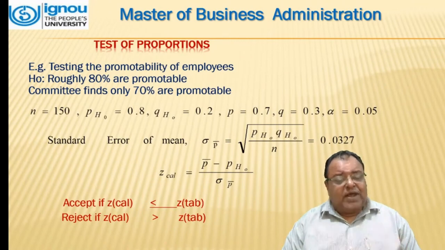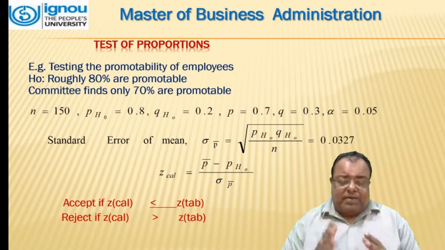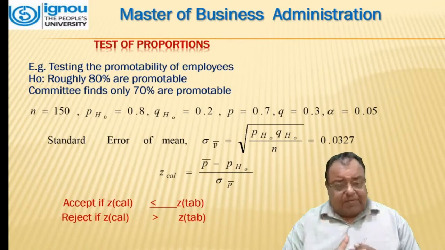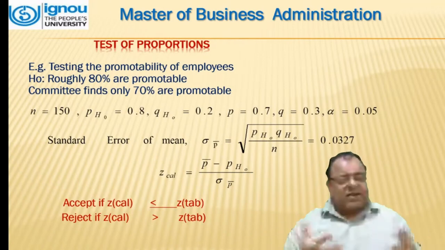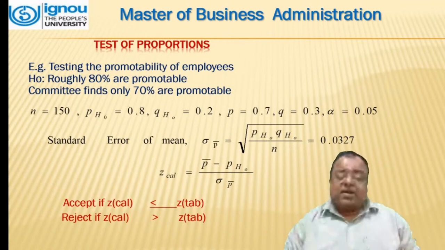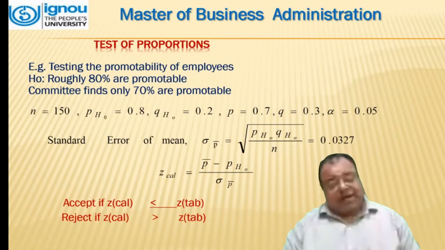Then we calculate the value of Z, that is, Z calculated is equal to P bar minus P H naught upon sigma P. After calculating, the conclusion has to be found. If Z calculated is less than Z tabular, we accept the hypothesis. And if Z calculated is greater than Z tabular, then we reject the hypothesis.